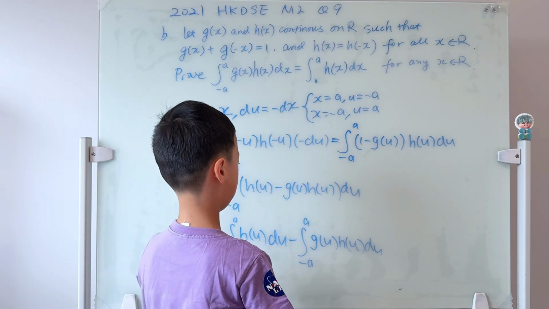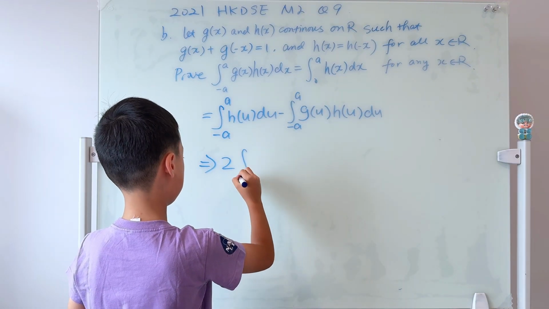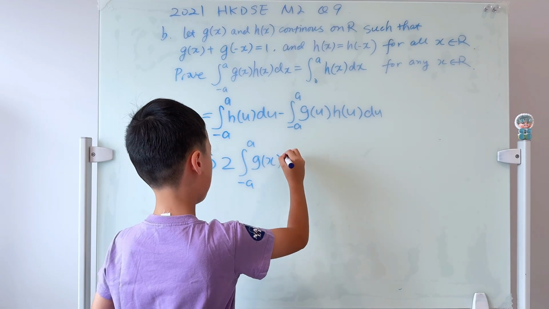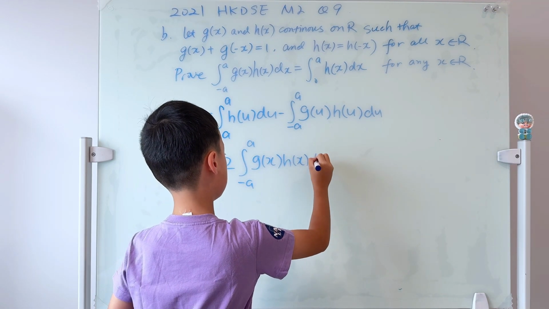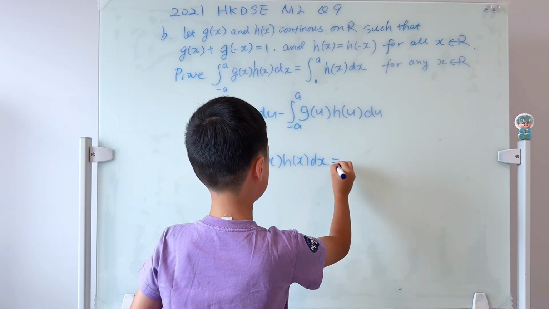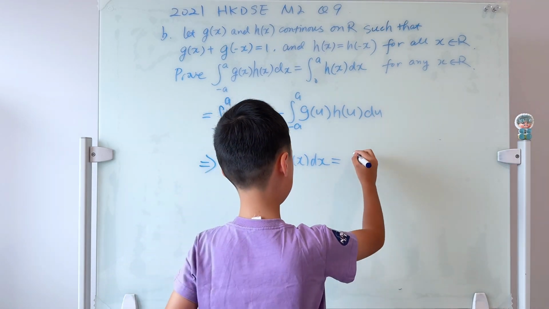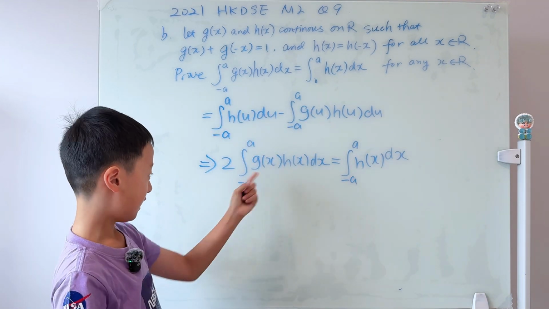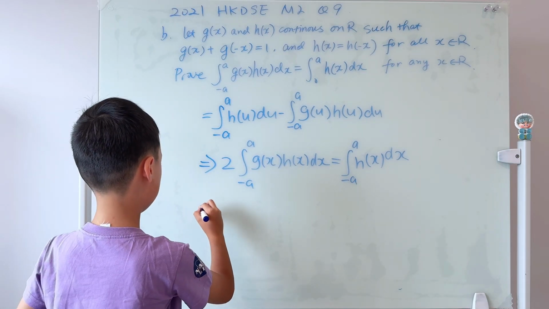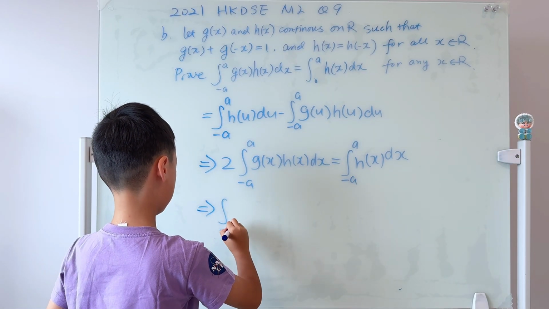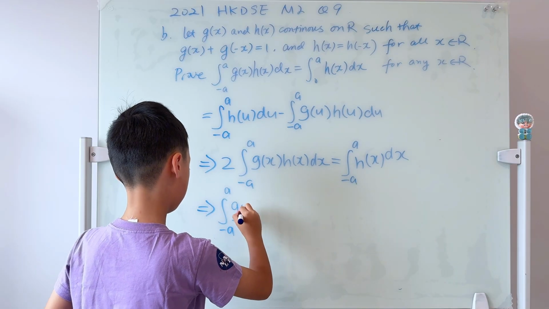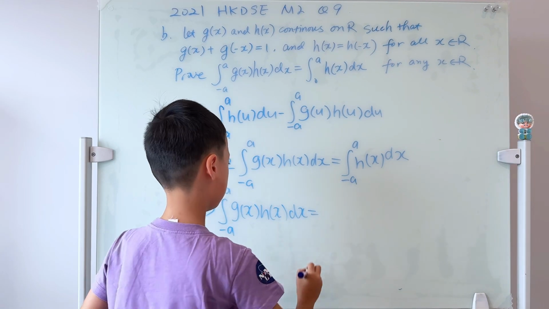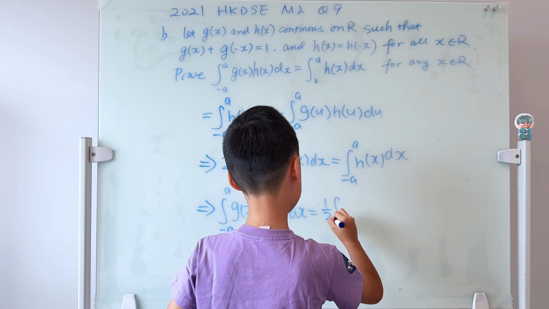Then it becomes 2 times the integral of negative a to a of g(x) times h(x) dx, which will obviously just be equal to this. To figure this out, we just need to divide by two, so this equals 1/2 times this.